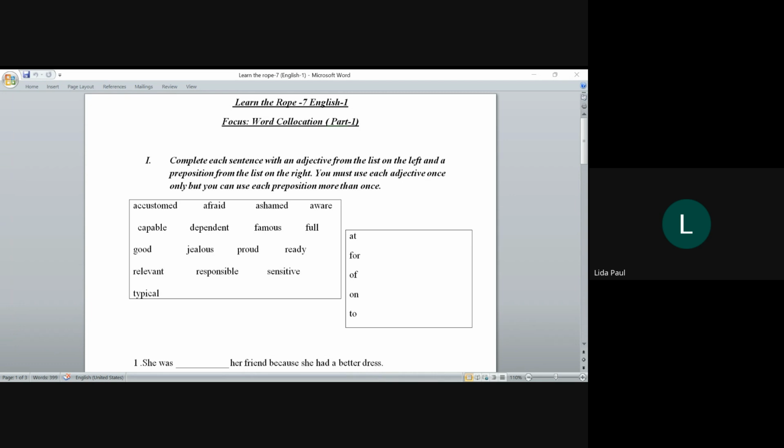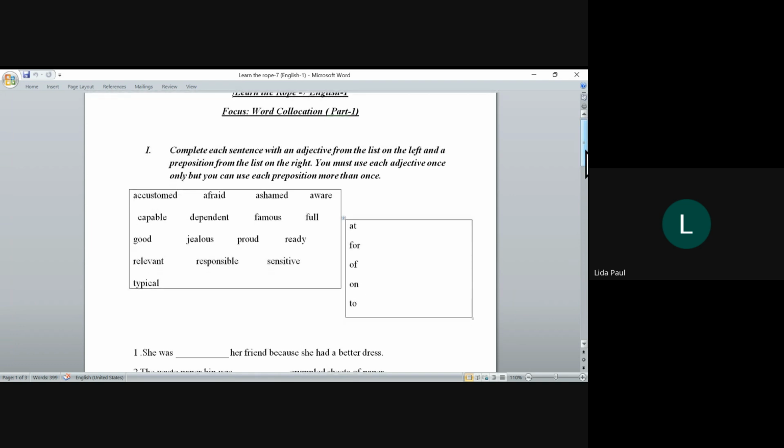It's very simple. If you have followed the classes in the last week clearly, you can understand what has to be done here, right? So we'll be doing the exercise in three parts, which means we're going to have the word collocation exercise part 1, part 2, part 3, all of them on three different types of collocations that we discussed.